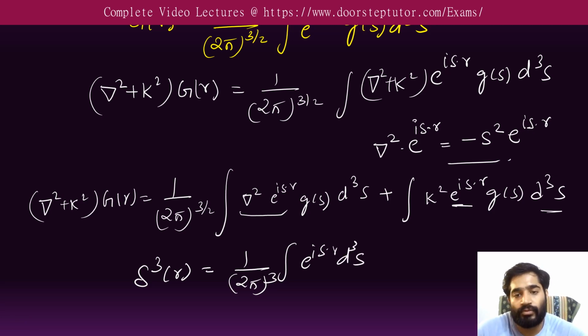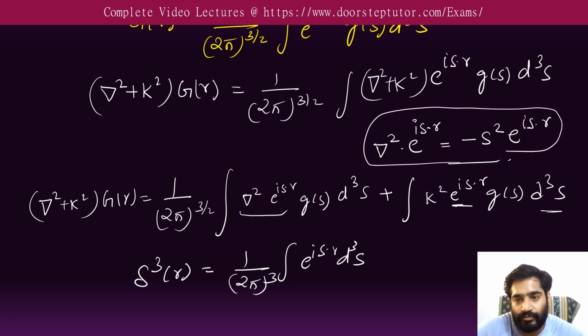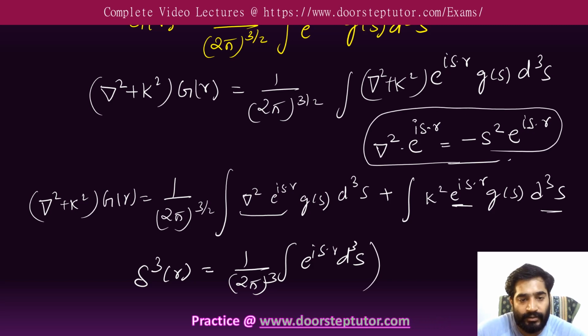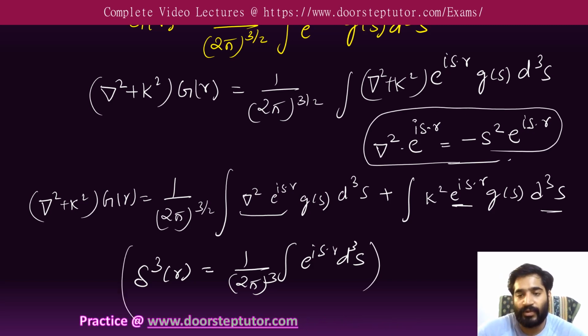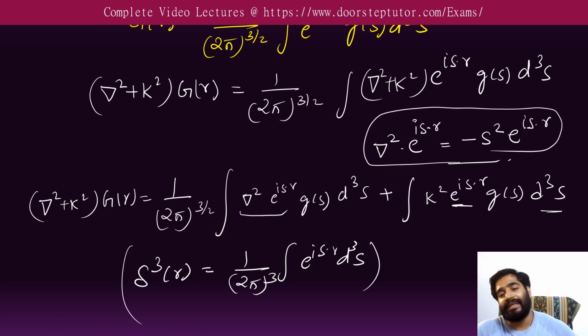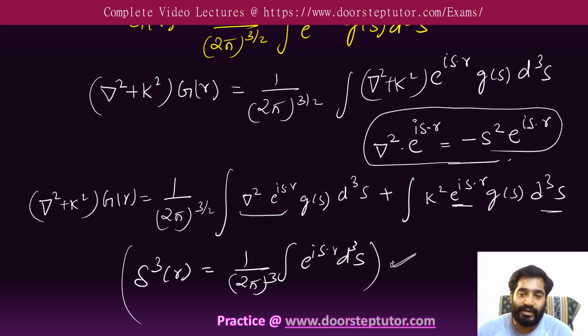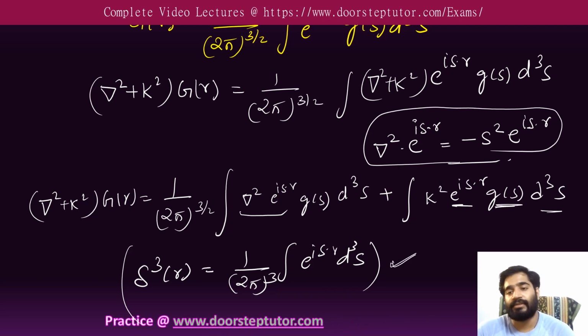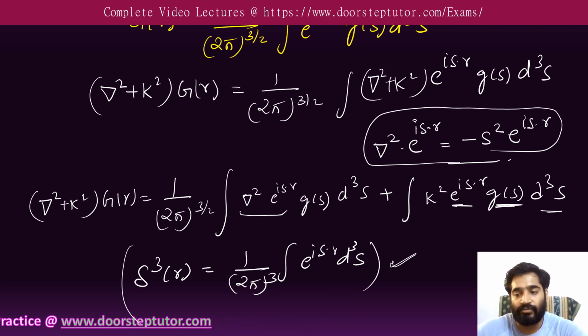So del square is replaced by this one, and the Dirac delta is replaced for this function, because there is a certain function we come across when we integrate this type of function, and whenever we come across it, we replace it with the Dirac delta. But here you also see g of s is a function of s, so we have to take care of this also.